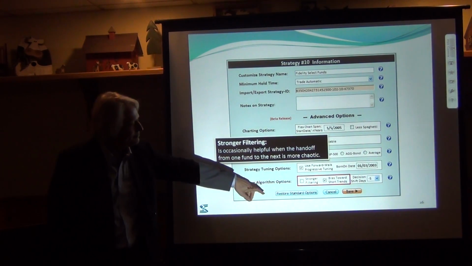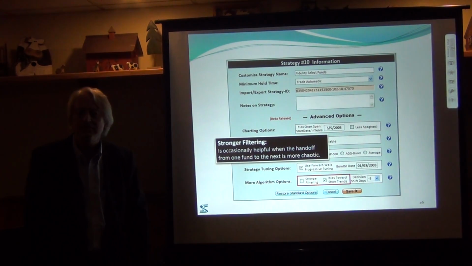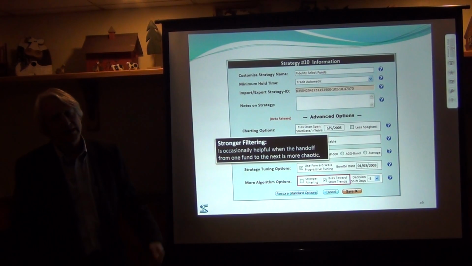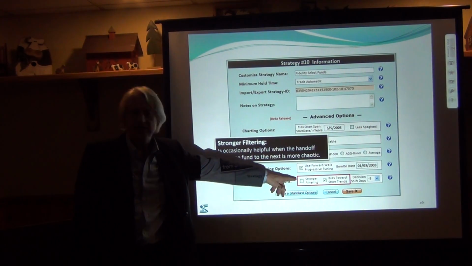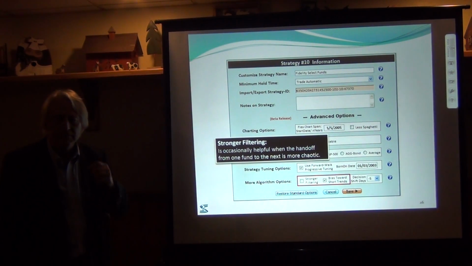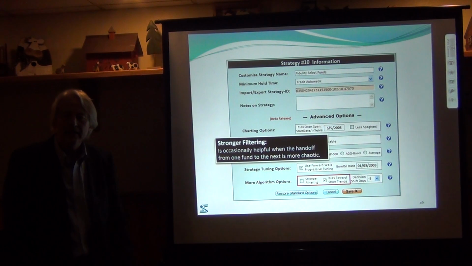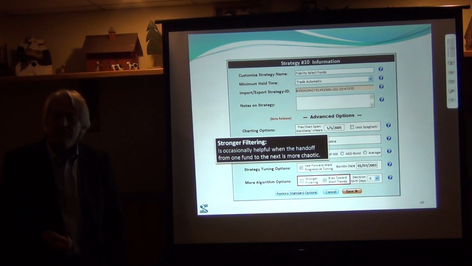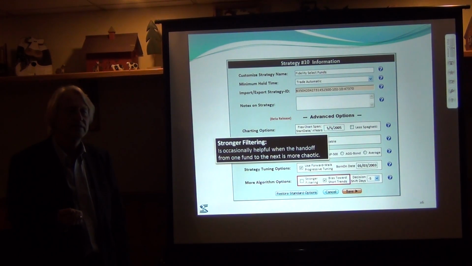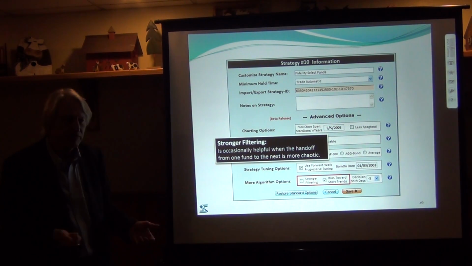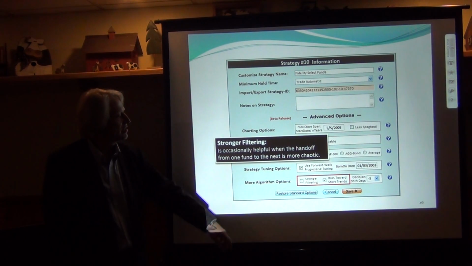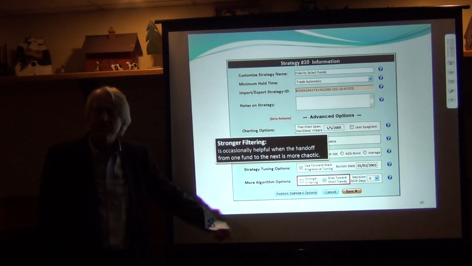Now, most of the time, I'd probably say for 90–95% of strategies that isn't going to help you. But the way the optimization algorithm works for standard SectorSurfer, there's a zone in which it will automatically bump that up.